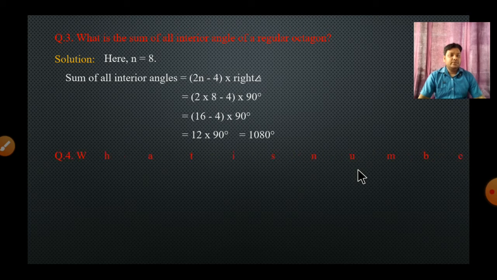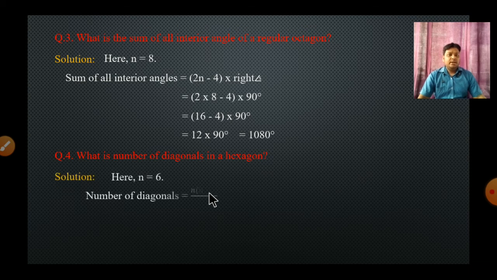Okay, students. Now, let's solve another question. We have to find the number of diagonals in a hexagon. Hexagon means 6 sides, n is equal to 6. The formula for the number of diagonals is n into n minus 3 by 2. We directly put the value: 6 into 6 minus 3 by 2.